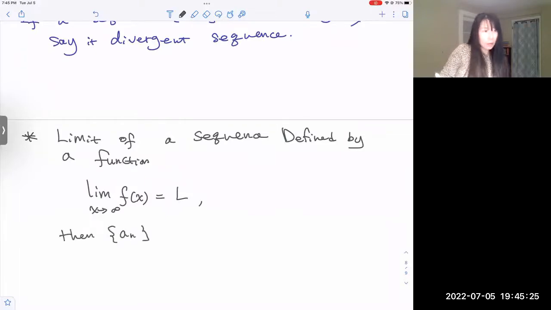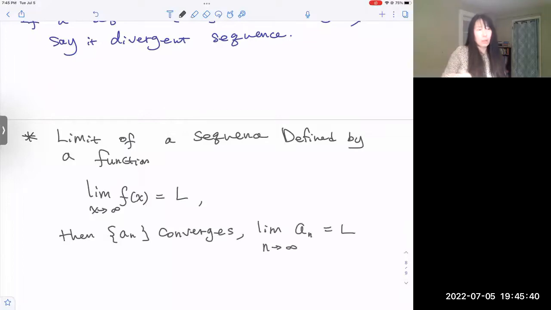If the sequence converges, then we can say that the limit as n approaches positive infinity of a sub n goes to L as well.